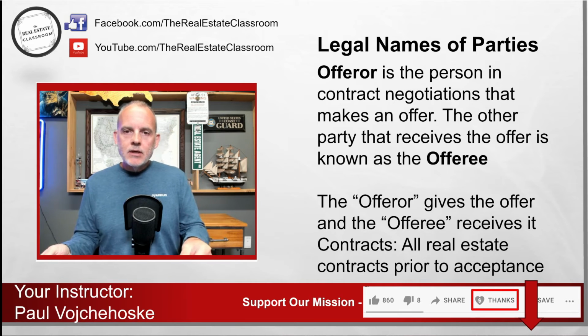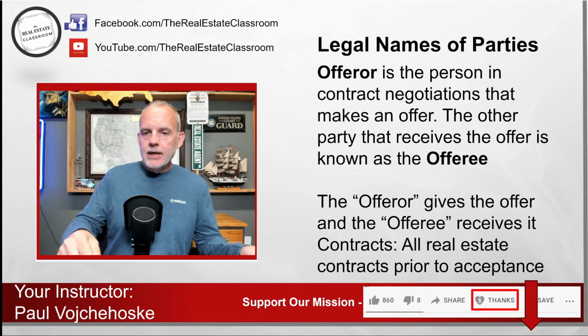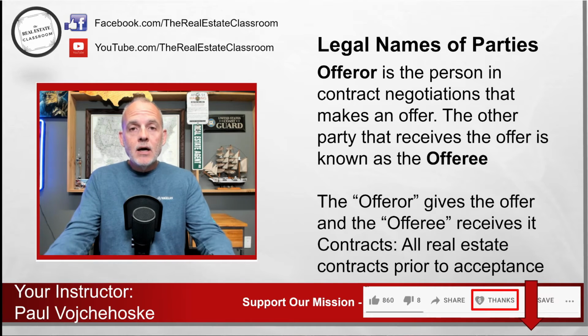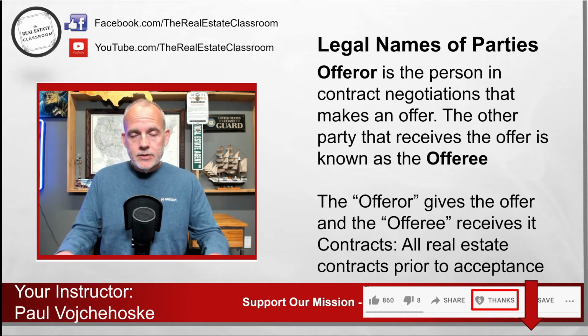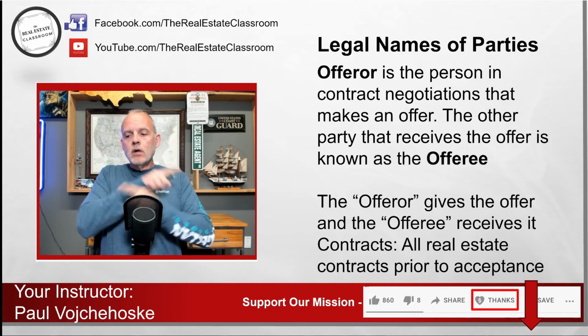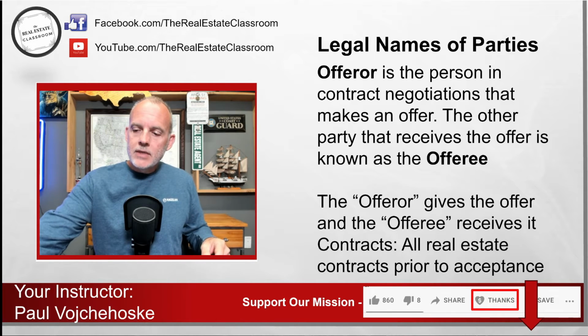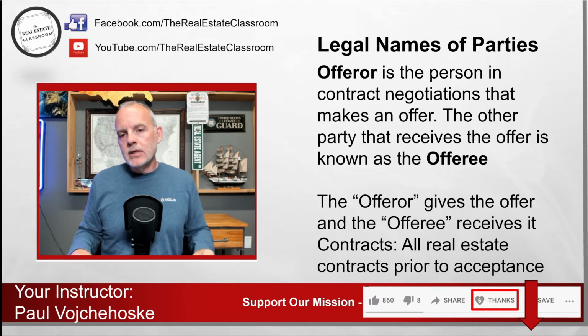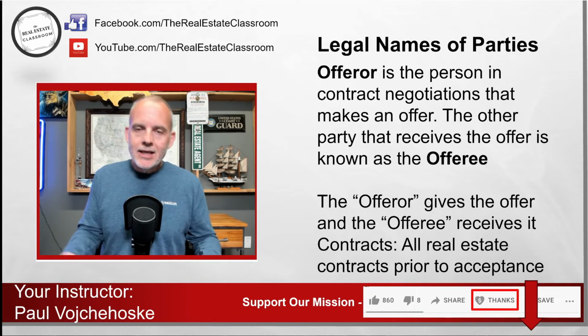So then the seller becomes the offeror and the buyer becomes the offeree, because it is the seller that has said, no, I don't want 100,000, but here's my offer: I want 150,000. The offeror and the offeree continue to flip until the contract is rejected or accepted.